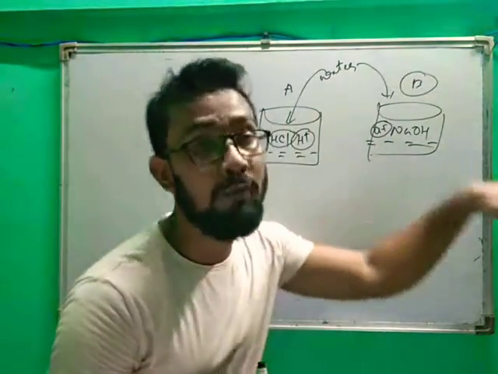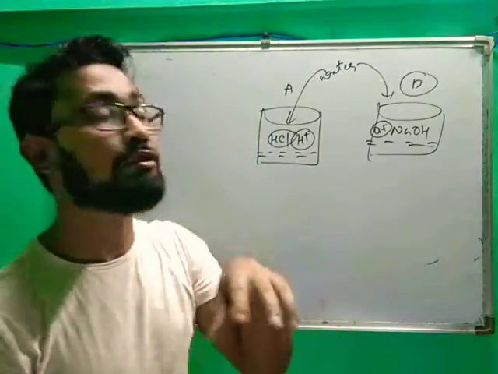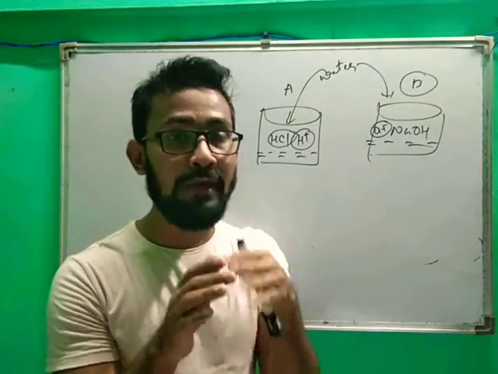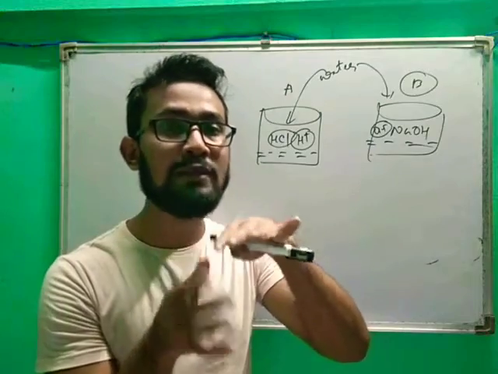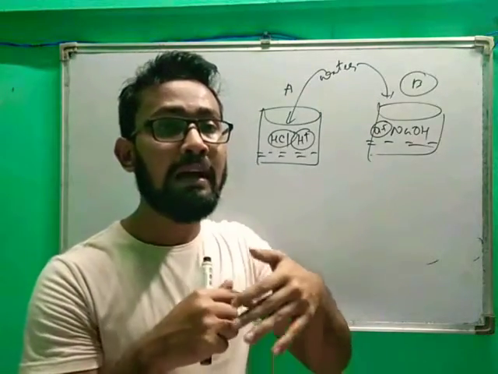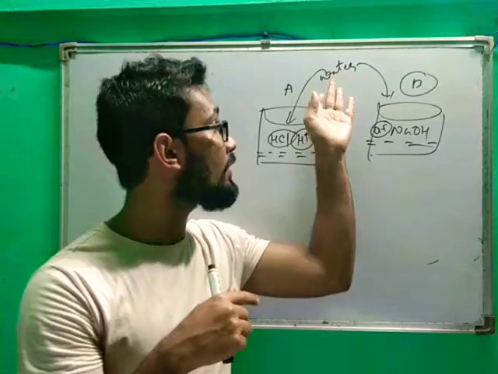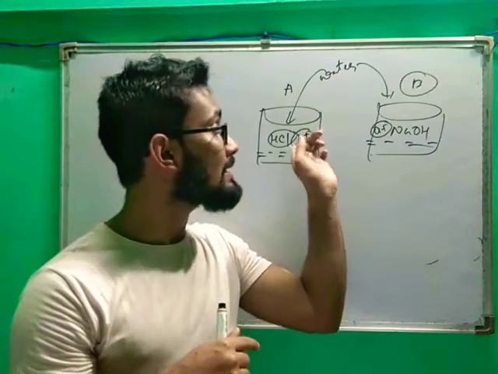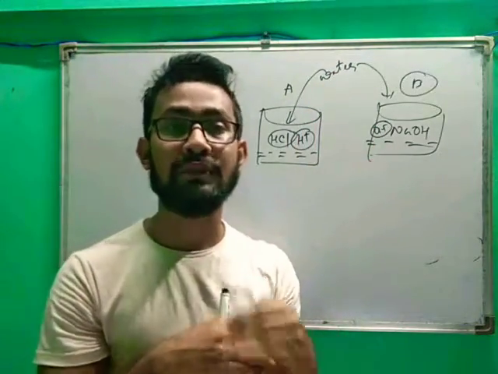Here also, because of adding more water, the number of hydroxide ions per unit volume will start decreasing. This is called dilution: the process by which we mix acid and base with water and reduce the concentration of H plus and OH minus.